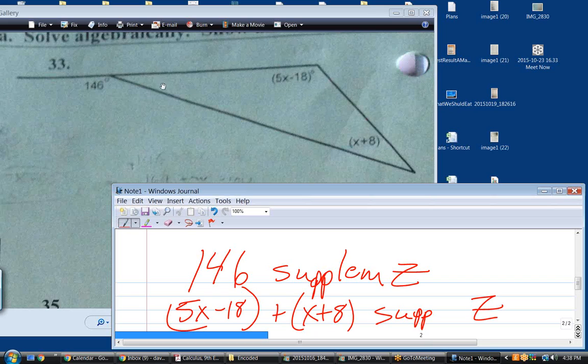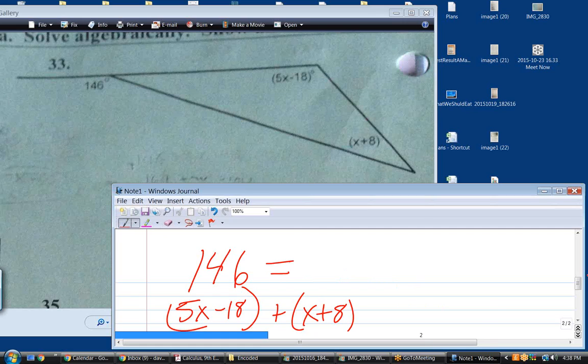And any time that you have something that has to add up to 180, it's supplemental. So 146 is supplemental to Z, and the sum of those two angles are supplemental to Z, which means that 146 is equal to those two angles.